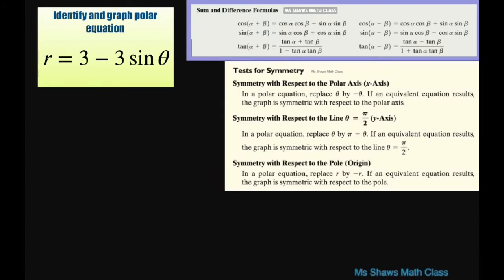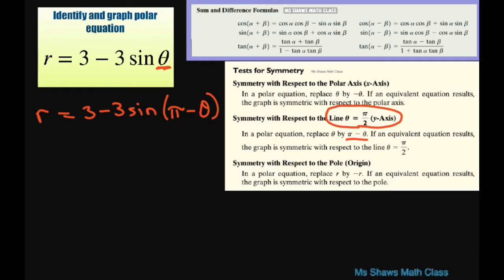For condition 2, we're going to replace our angle with pi minus theta to see if it's symmetric to the line theta equals pi divided by 2. So let's write this as r equals 3 minus 3 sine of pi minus theta.